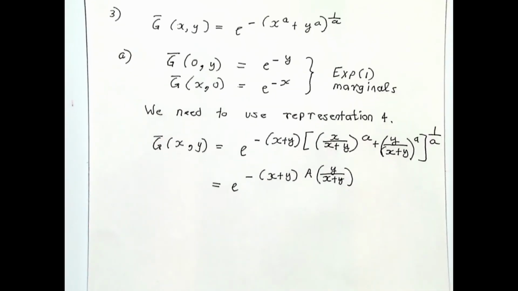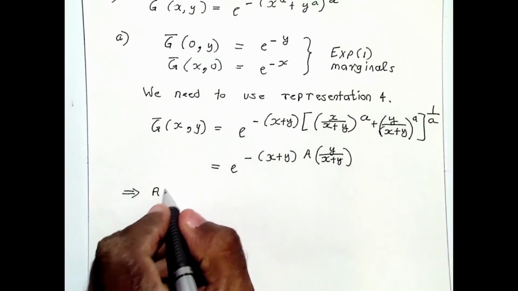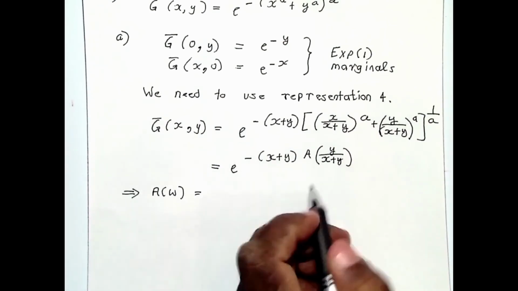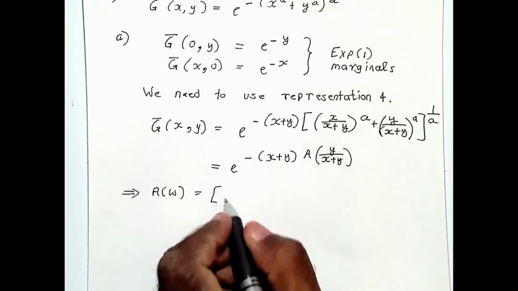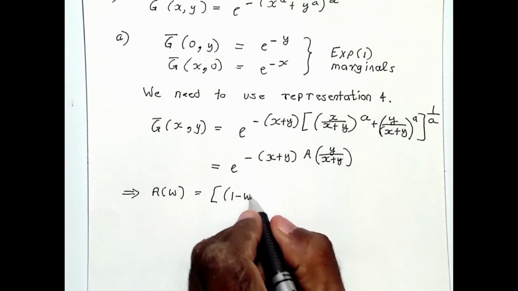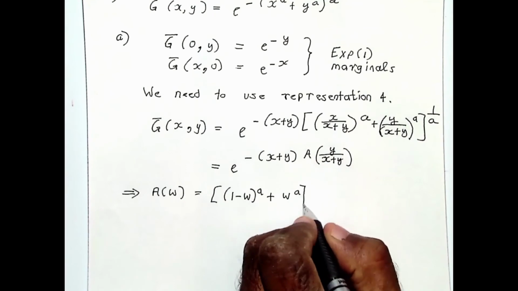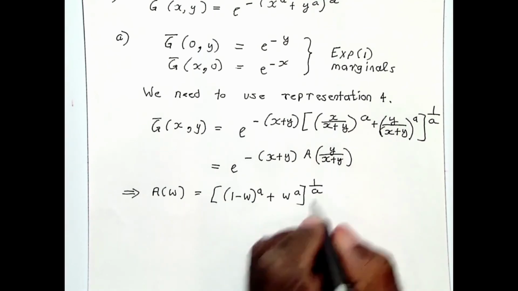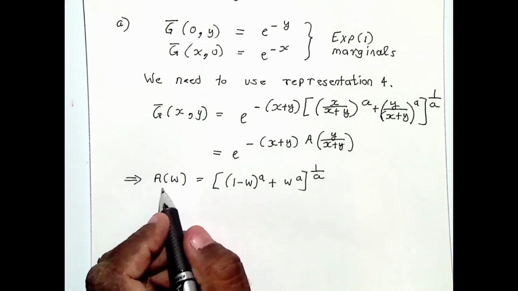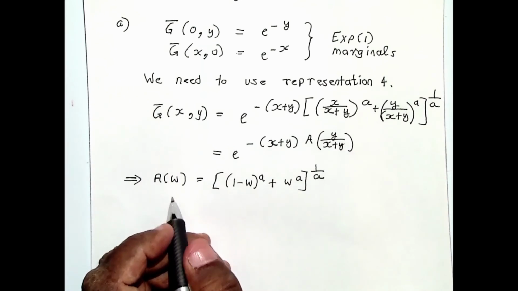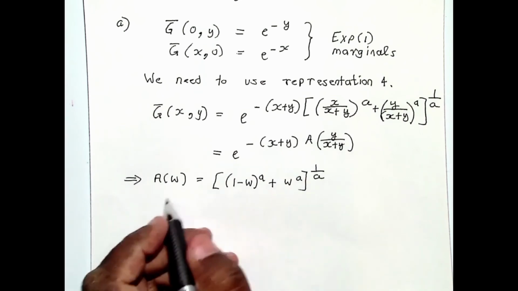So what this tells you is that the function a, if this is the same as this, a must be this. This is your function a of w or a of omega, whichever way you want to call it.